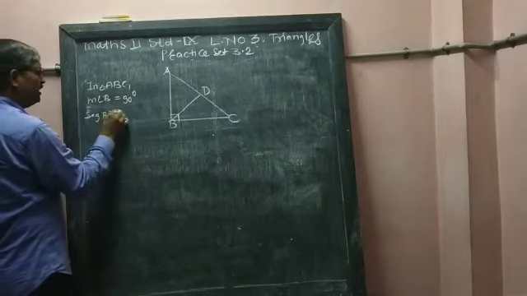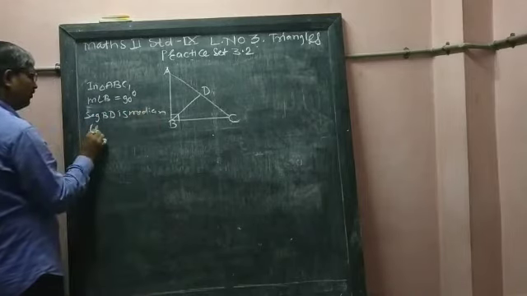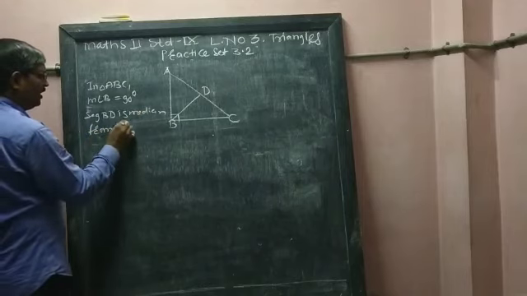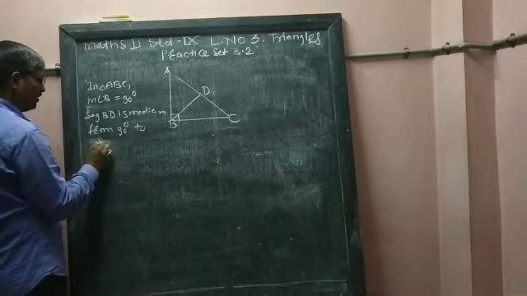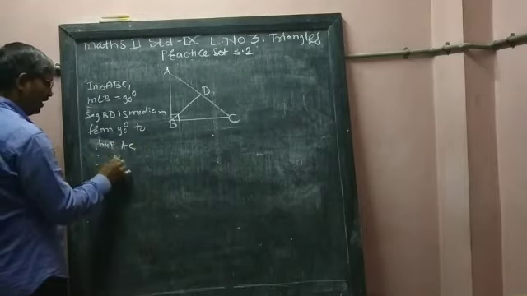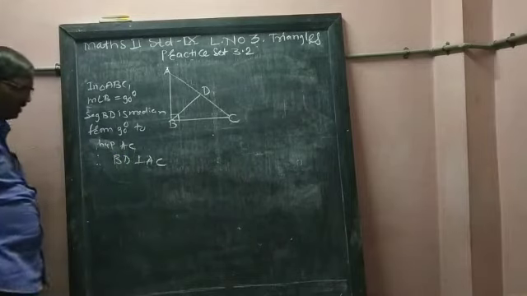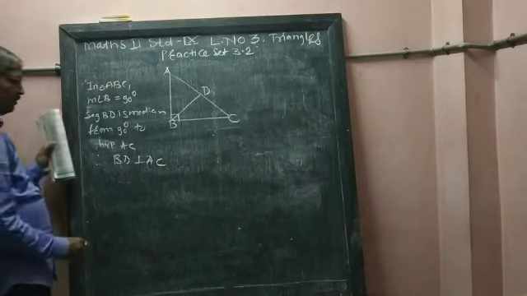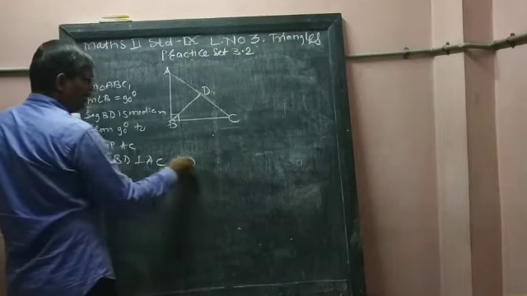Seg BD is median from 90 degree to hypotenuse AC. You can write here BD perpendicular AC. Then BD is perpendicular to AC at D.